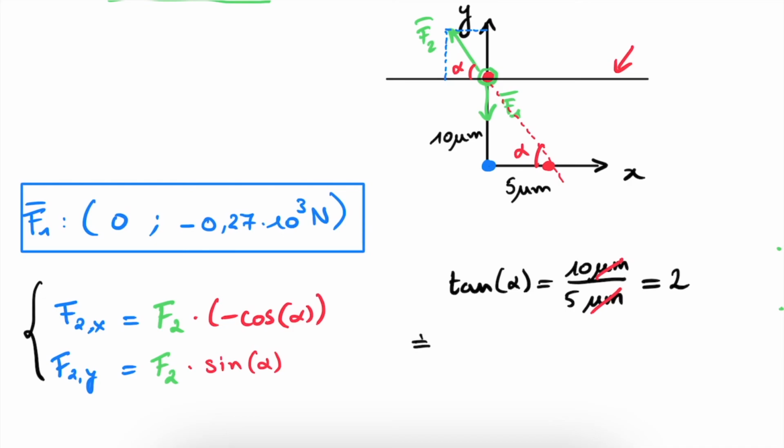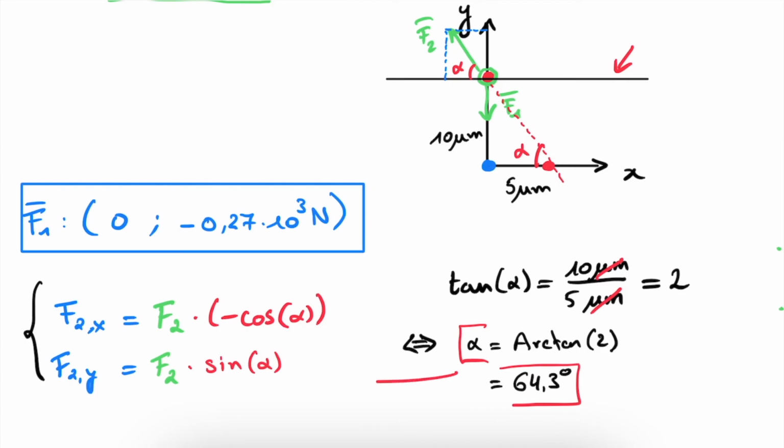This relation can be very easily inverted to find that alpha is equal to the inverse tangent of 2, which can be easily calculated to be 64.3 degrees. And there we already have our angle alpha, which can now be directly filled in our relations to find the x and the y components of our vector F2.